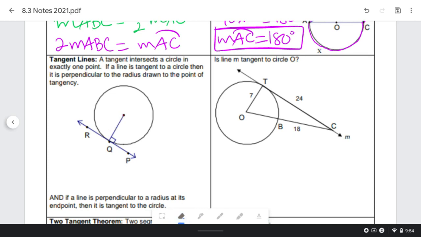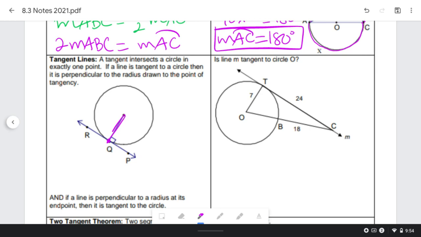So anytime you have a tangent line with a radius, you're going to get a 90-degree angle. It says if a line is tangent to a circle, then it is perpendicular to the radius drawn to the point of the tangent. So that one point where it intersects, if you draw a line to the center, which is your radius, you've got 90 degrees.